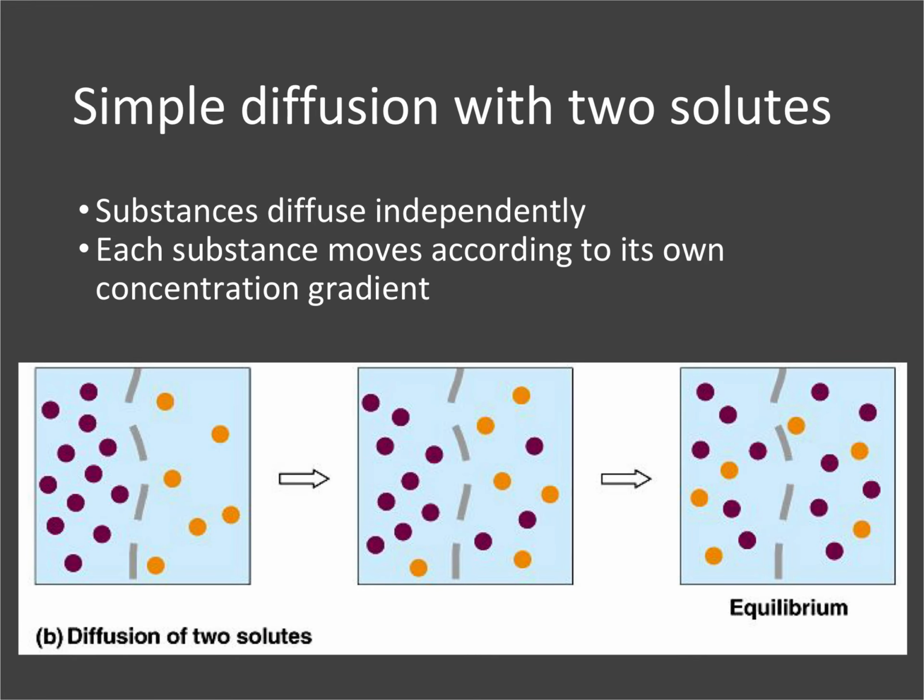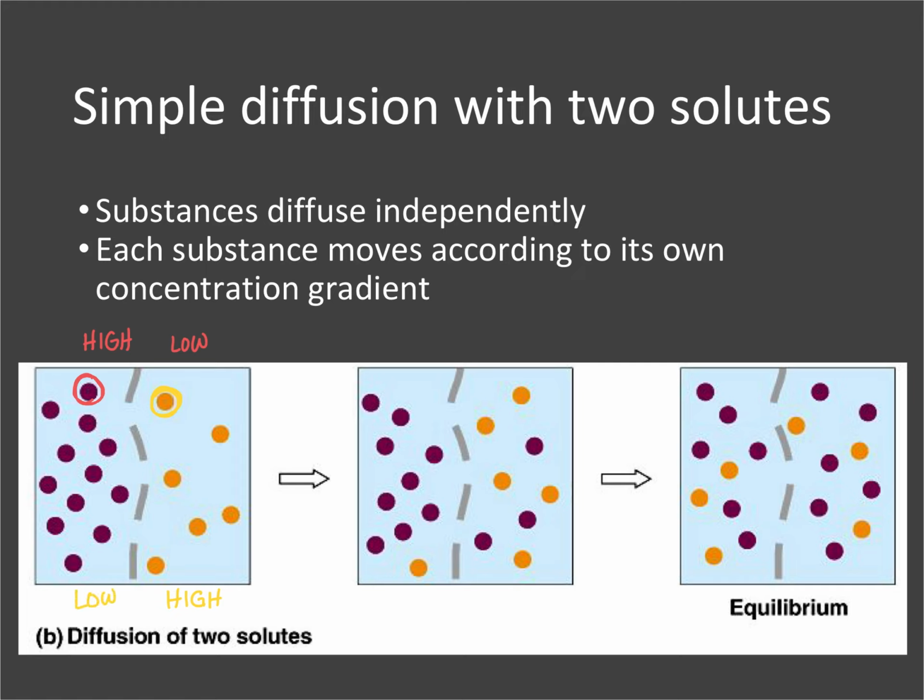Interestingly, substances are going to diffuse according to their own concentration gradient. So if we look at this picture here, we see that we have these purple or reddish circles here, and these yellow or orange circles here. And for the red molecule, the high concentration area is on the left and the low concentration area is on the right. But for the yellow molecule, the high concentration area is on the right and the low concentration area is on the left.